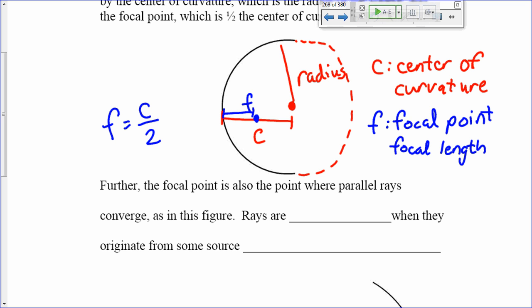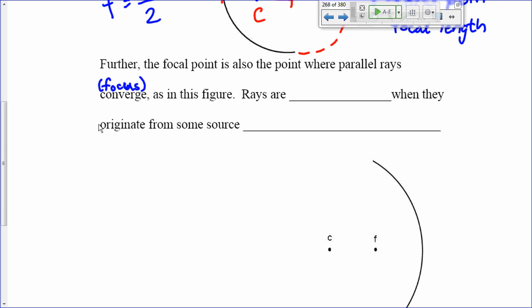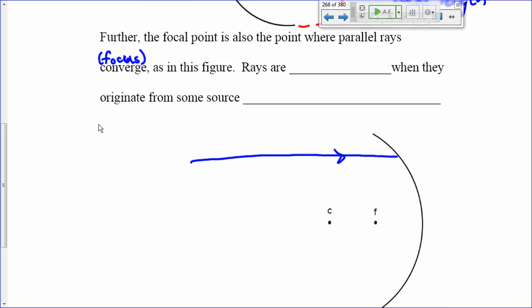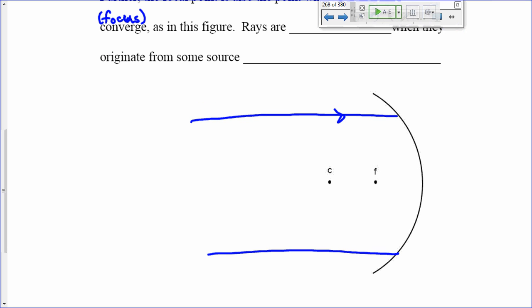We can also define the focal point as where the parallel rays converge, where they focus, which is why it's called the focal point. When you get parallel rays, they'll come in like this, and then they will focus at the focal point.